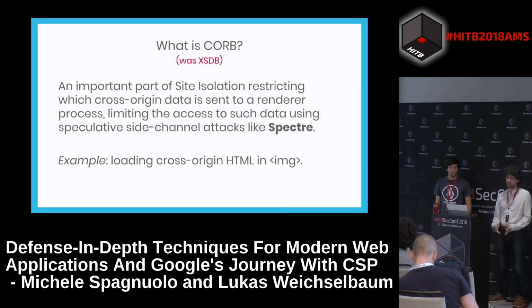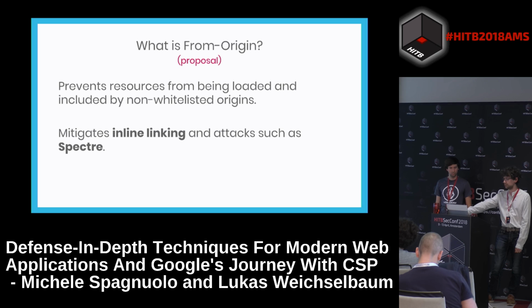An example is, if an attacker, as I said, tries to load a document, like an HTML file that he controls, in an image tag, that would be blocked with CORB. This is, as I said before, mostly for mitigating speculative side channel attacks like Spectre. This will be enabled by default. It will be part of site isolation when site isolation is enabled.